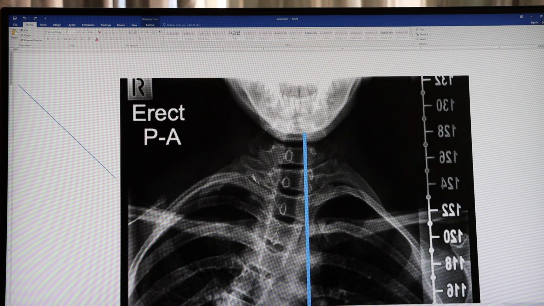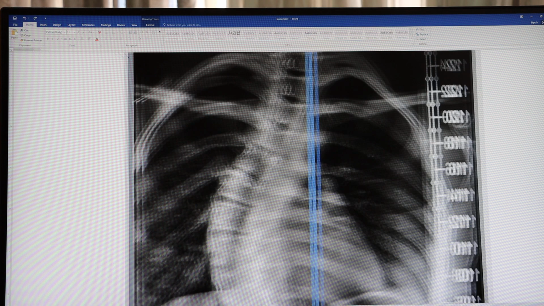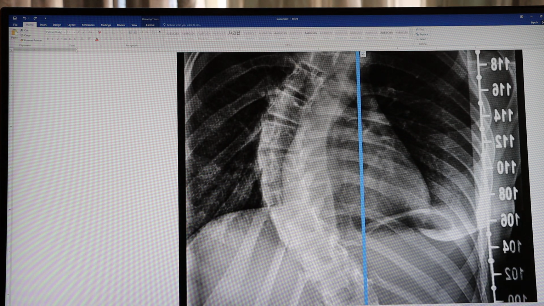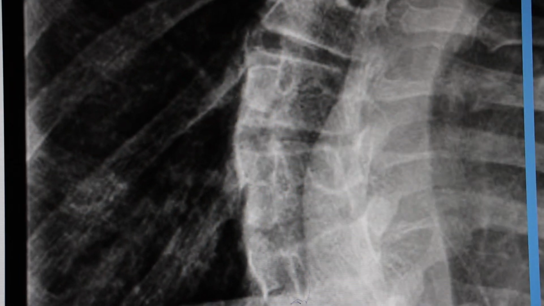Now, the rib vertebral angle difference. I was trying to remember what else I should talk about. For the rib vertebral angle difference, again, we are interested in the apical vertebra.